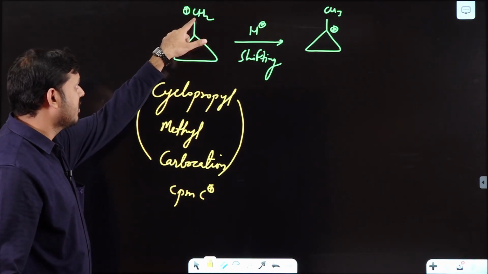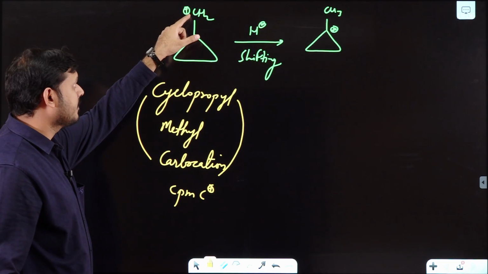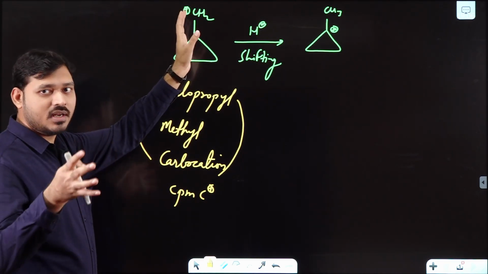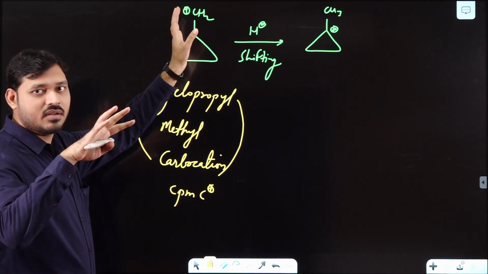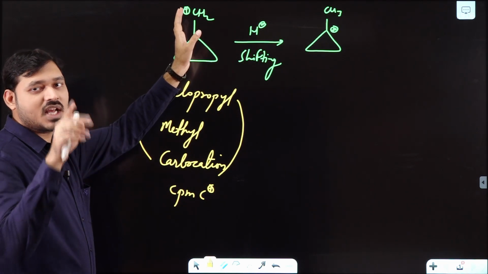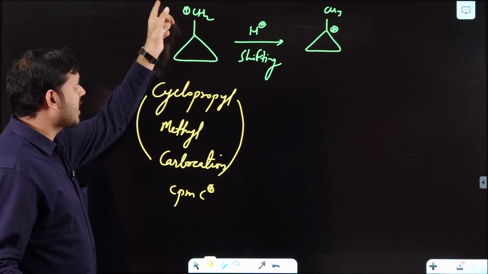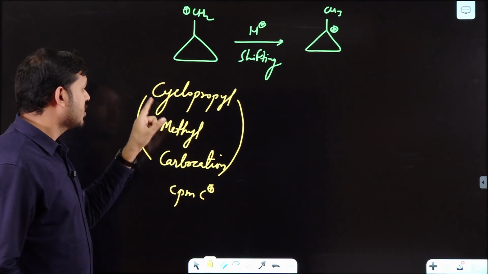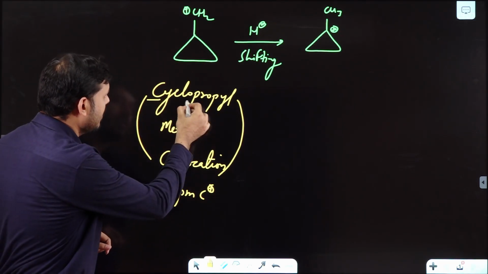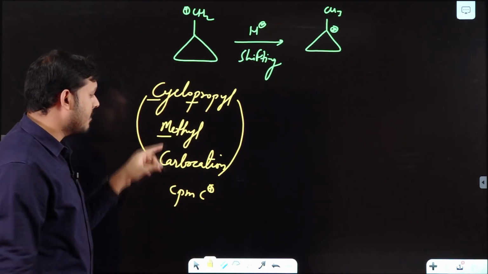Cyclopropyl methyl means from methyl, from CH4 methane, you have CH3 and 1 valency free. If it is a carbocation, it is a methyl carbocation, and in that methyl carbocation you have cyclopropyl, so it is cyclopropyl methyl, CPM carbocation.